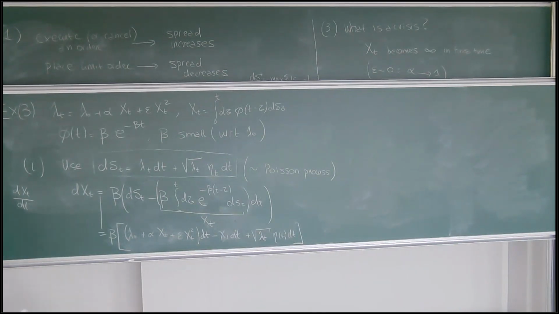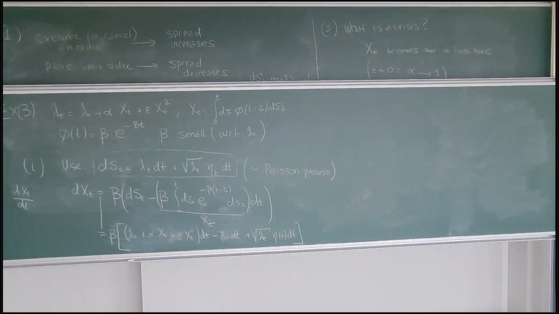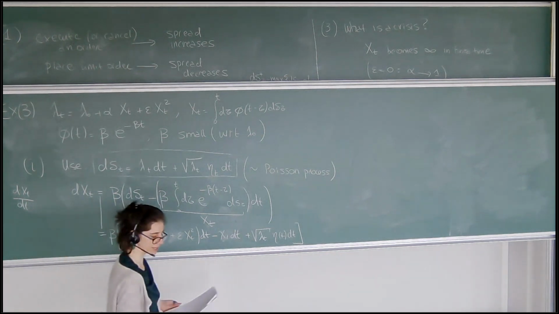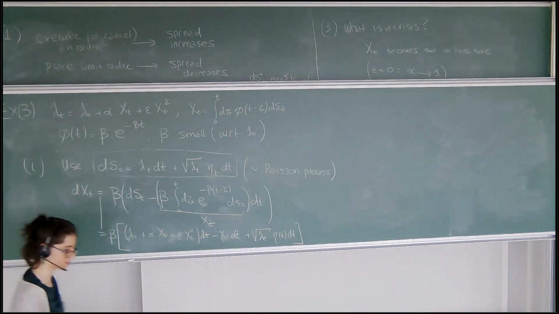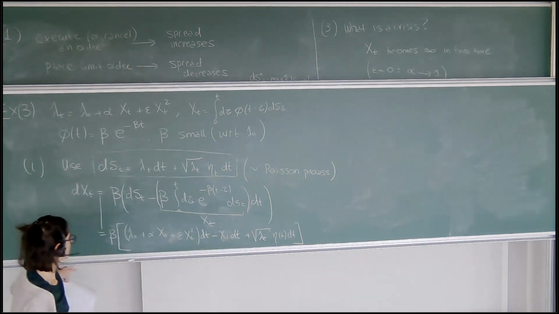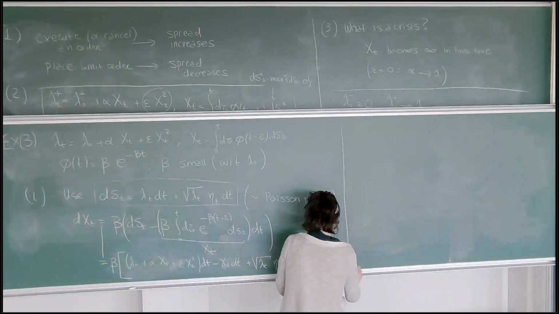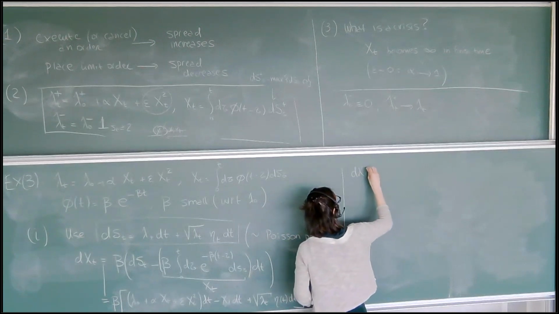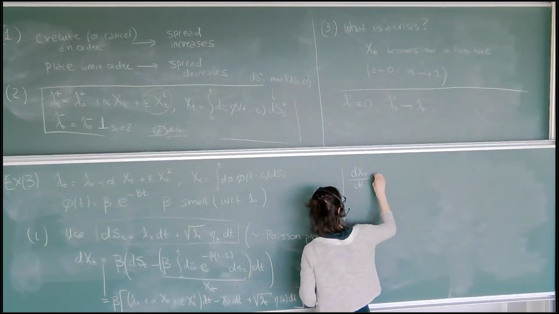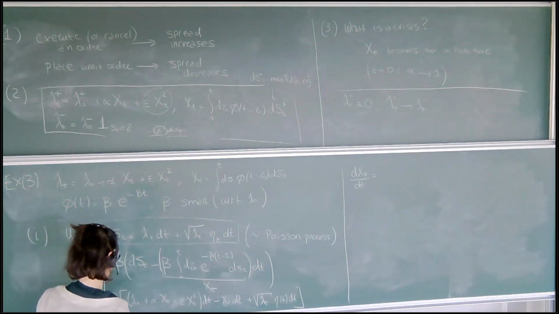Okay. And now that I have this, you see that this is now a closed equation for x. So let me try to rewrite it in the way we wrote the Langevin equation before. Now I divide by dt, if you want. So I want dx t over dt. So let's collect everything.